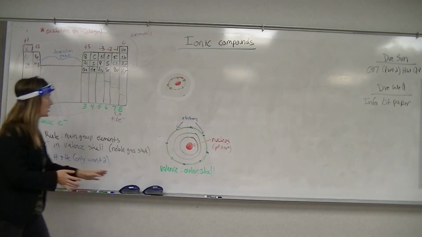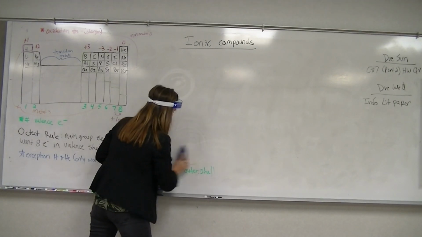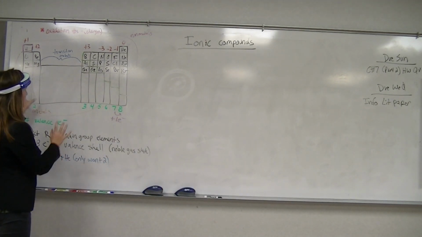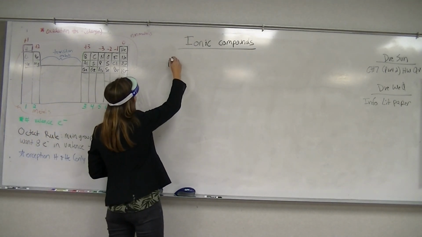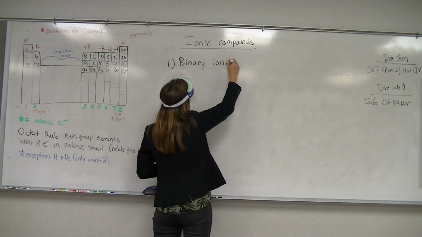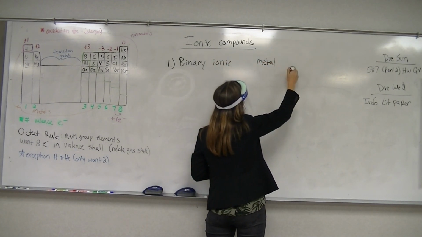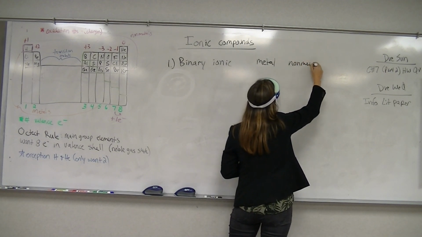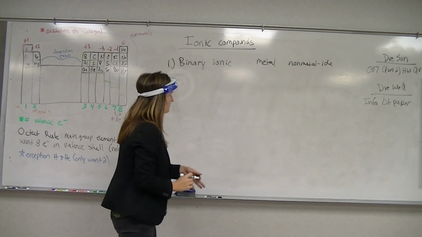All right, so let's look now at naming. So we already looked at naming the main group metal ionic compounds. So the first type, I call them binary. And this is where we just took the metal name and then the non-metal with an -ide ending. So this is the simplest form.